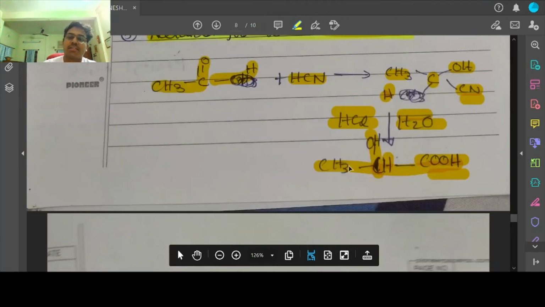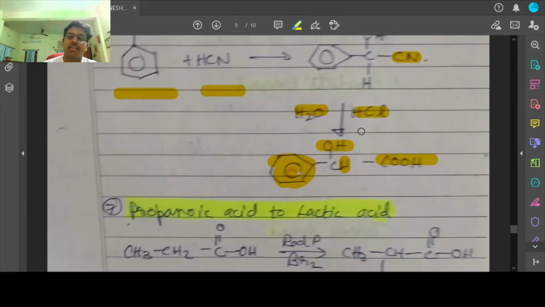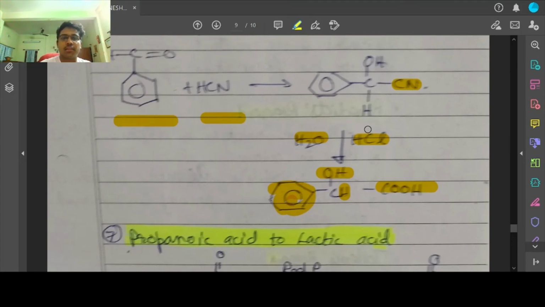And lactic acid was CH3 CHOH C double bond OH. So when you prepare mandelic acid, the CH3 group is replaced with a benzene ring. Earlier it was CH3 CHOH C double bond OH, and mandelic acid is benzene ring plus CHOH C double bond OH. I guess you're clear with this. It's a one shot video, so I will not go into depth.